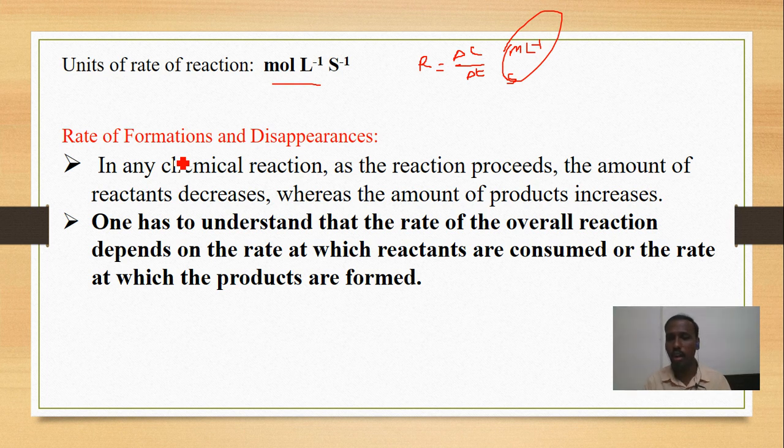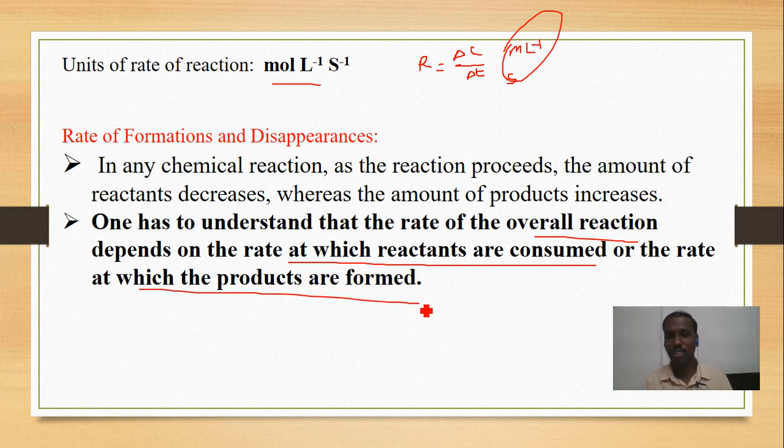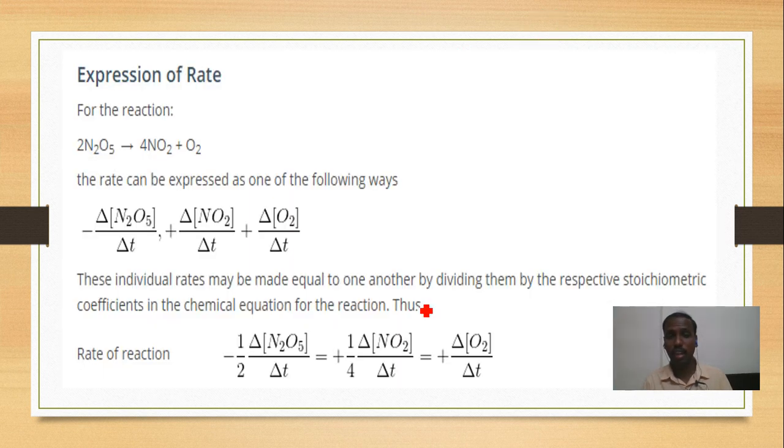The overall rate of reaction depends upon the rate at which reactants are consumed or the rate at which the products are formed. So, we can express the rate of reaction with examples.